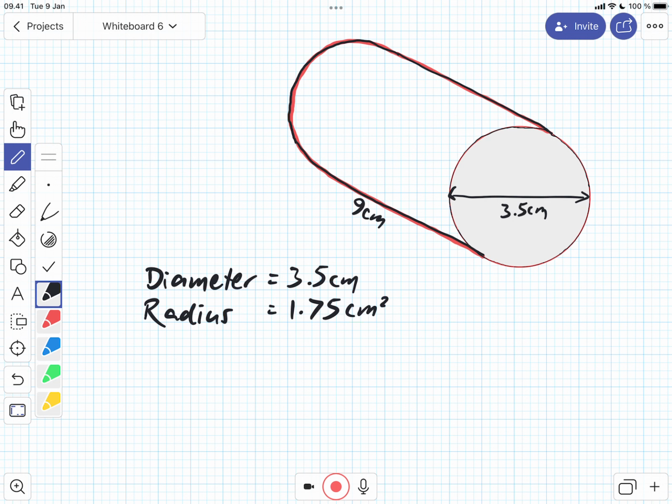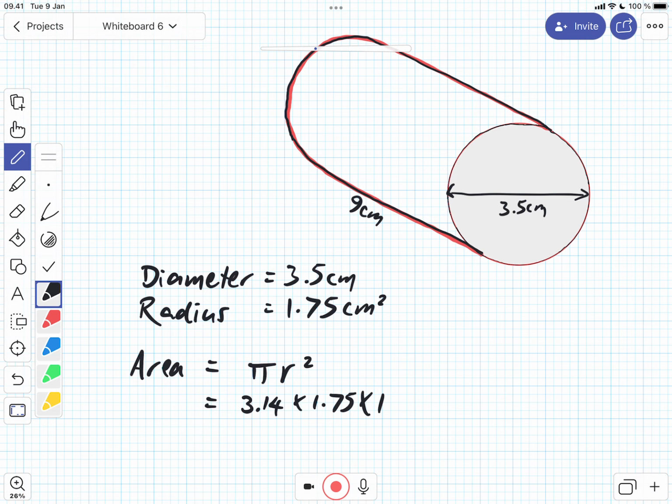And then the key thing that you need to know is that the area of a circle is pi r squared. That's something to learn in MYP2. Pi times the radius times the radius. So that's pi, which is about 3.14, times the 1.75 times the 1.75 equals 9.6211, and that's in centimeters squared.